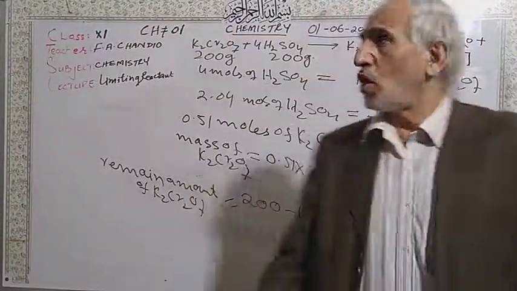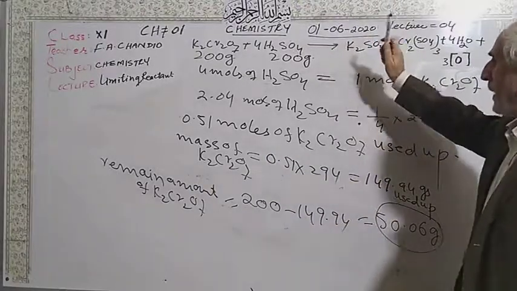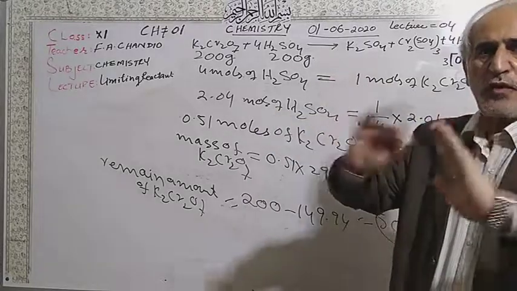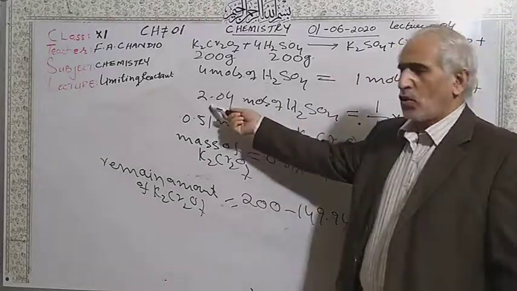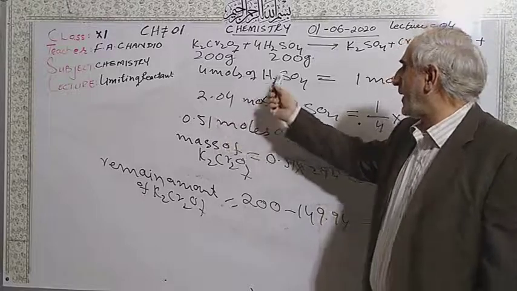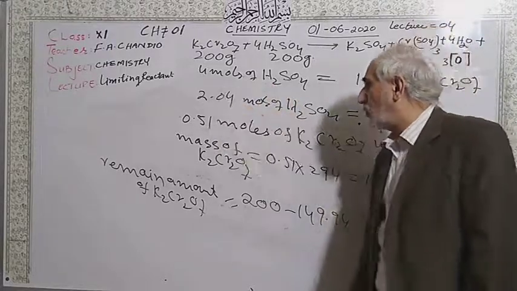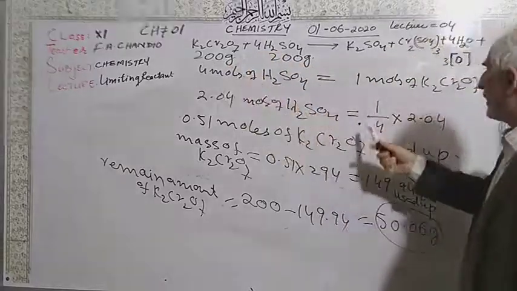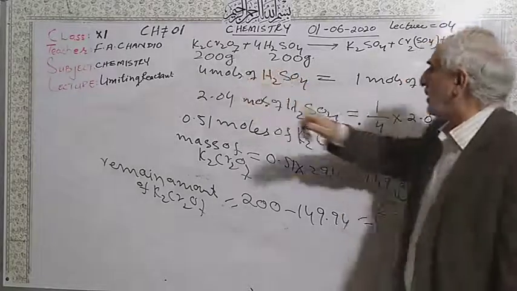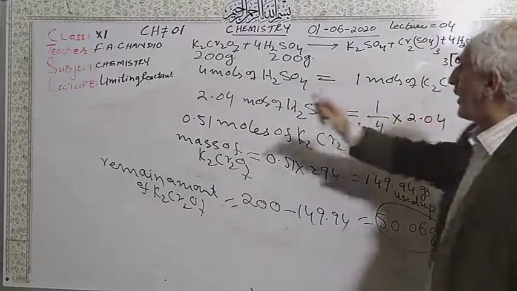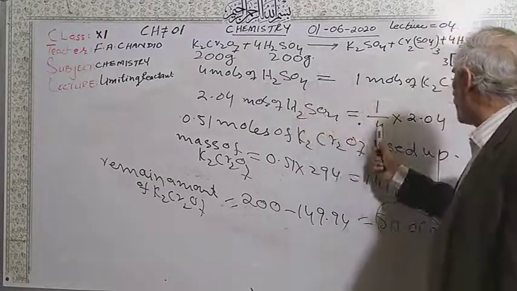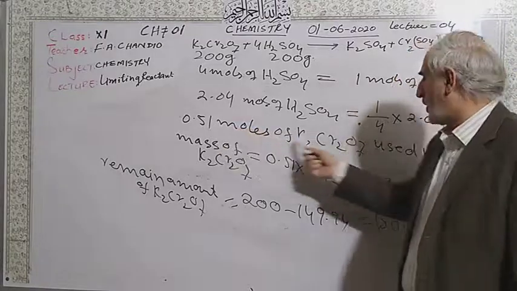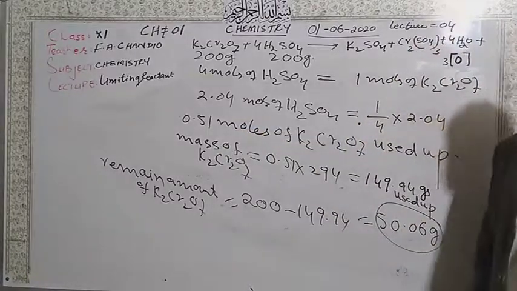This is the answer. So how did I calculate? Because sulfuric acid was the limiting reagent, it was finished, and we know its moles from the initial calculation: 200 divided by 98 gives 2.04 moles of sulfuric acid. Since 1 mole of potassium dichromate reacts with 4 moles of sulfuric acid, 1/4 multiplied by 2.04 gives 0.51 moles of potassium dichromate, and these are used.